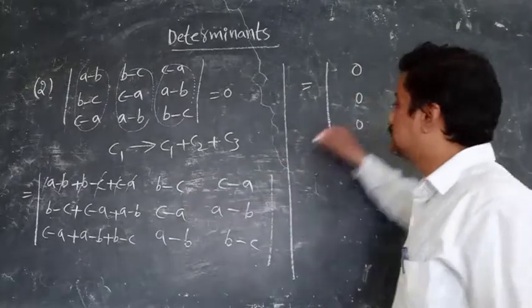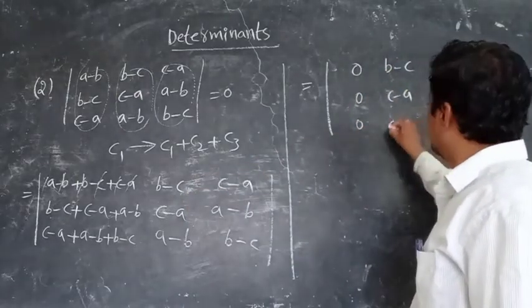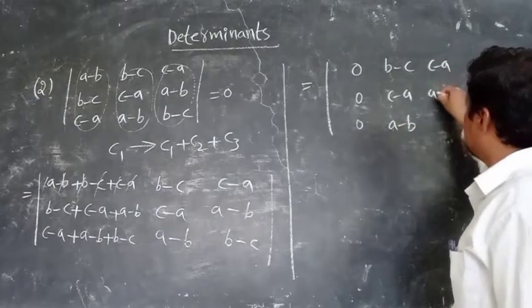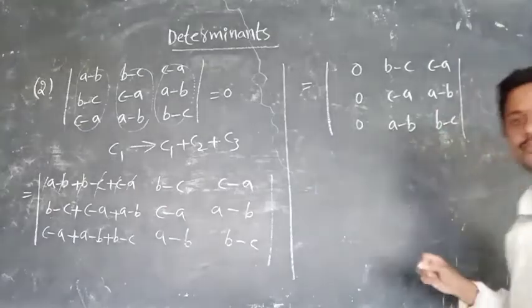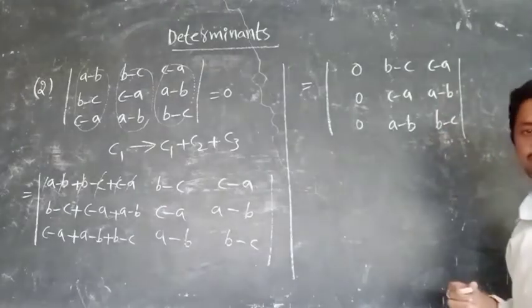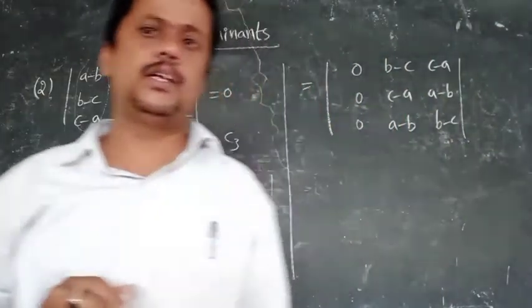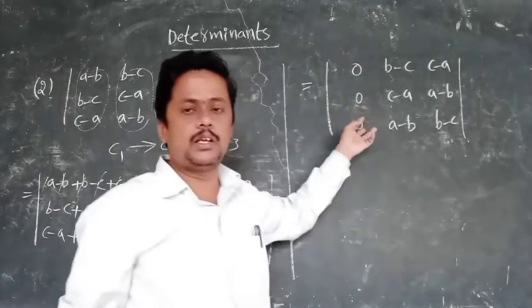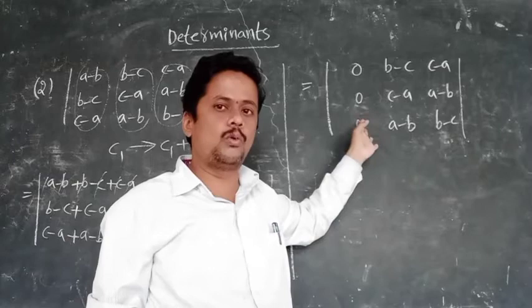Okay, write down this: B minus C, C minus A, A minus B, C minus A, A minus B, B minus C. Like that, I have to write it down. If you observe this, in column 1, all elements are 0.